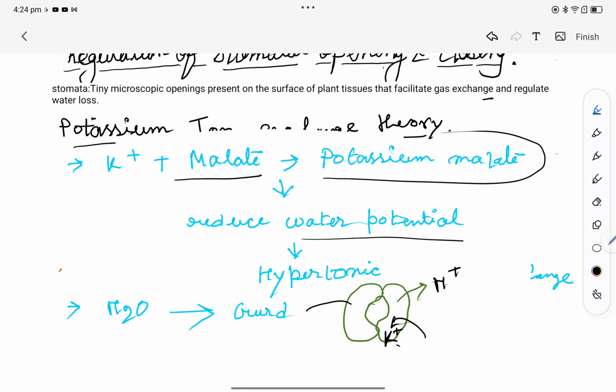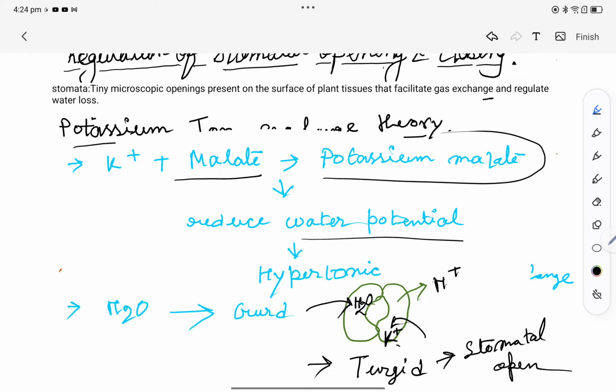To maintain the balance, water from adjacent cells will enter the guard cells and the guard cells will become turgid again. And whenever the guard cells become turgid, it means the stomatal pore is open.